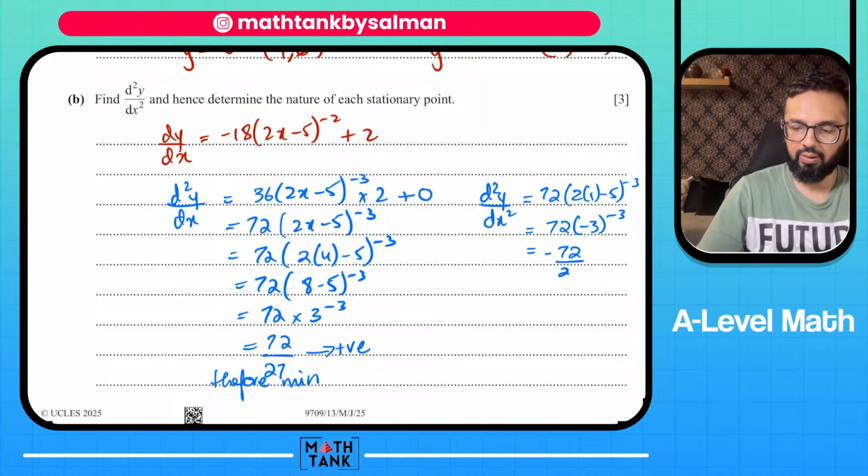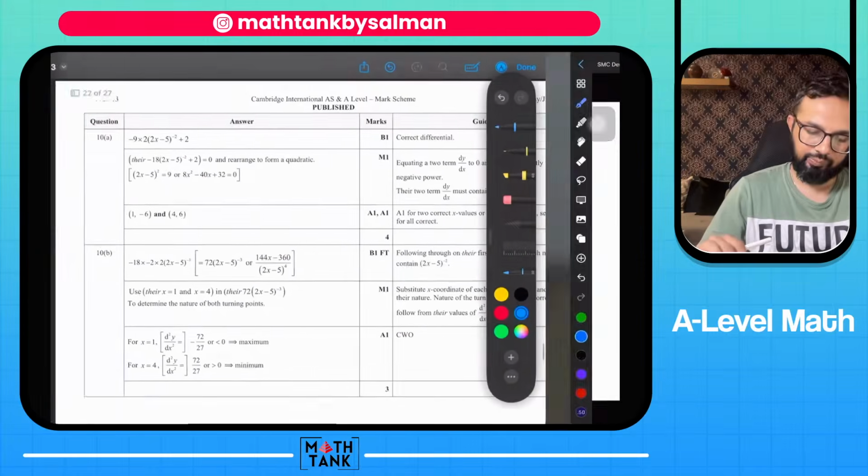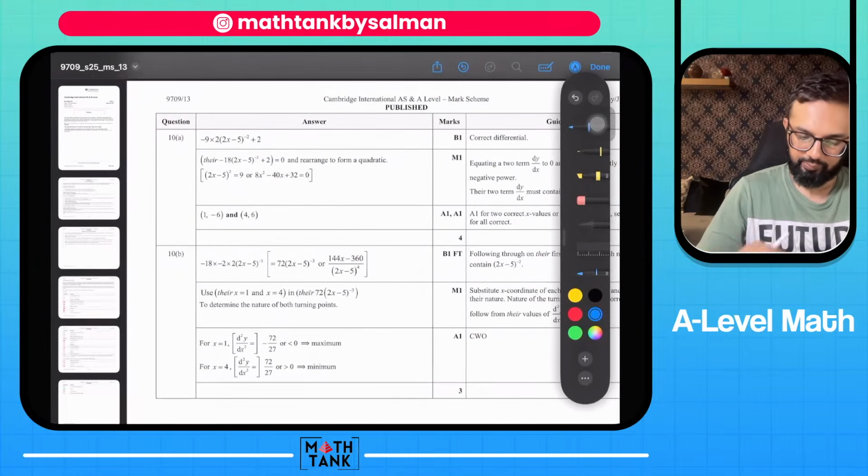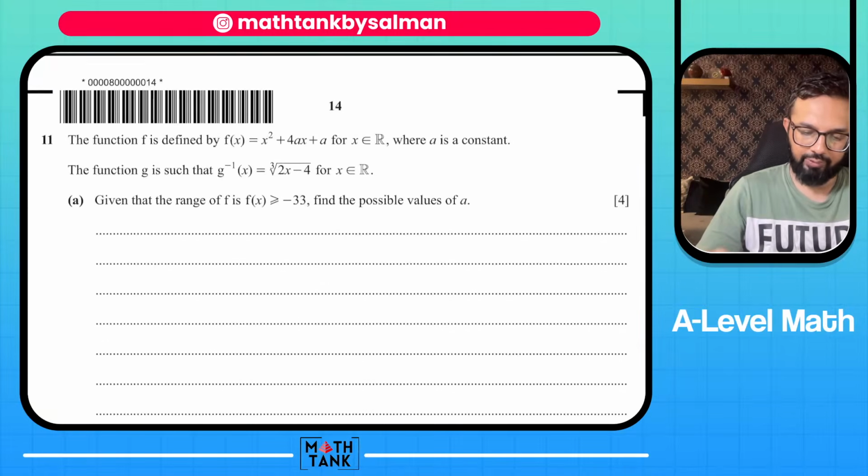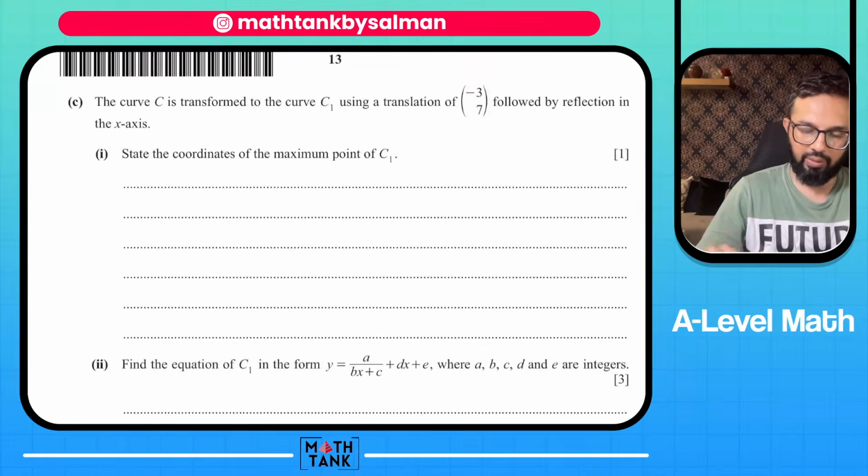Minus 72 or 27. So x equals 1 is maximum. Yeah. Okay. Part C. And then we have question number 11 as well.